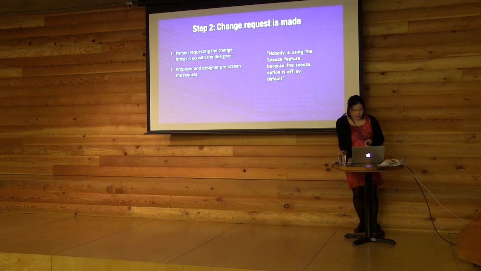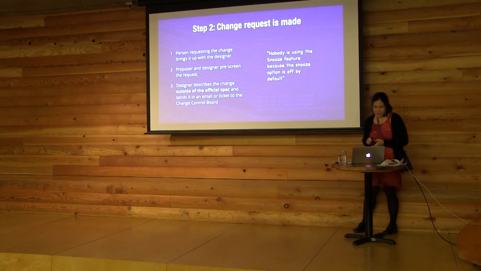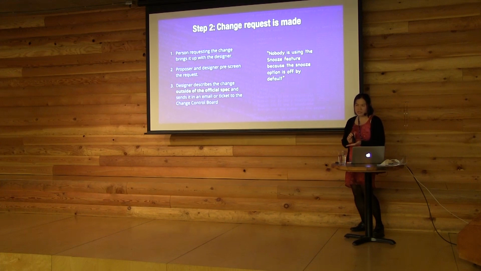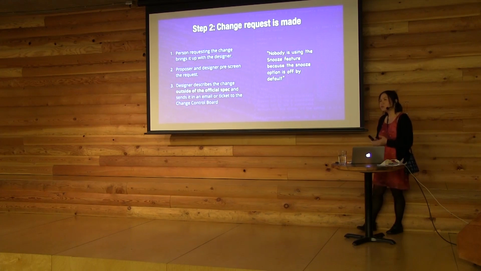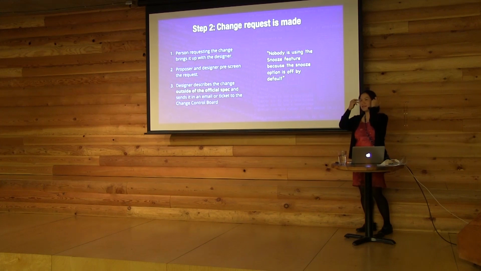Next thing is, as a designer, I would describe the proposed change in some way outside of the official UI specification. Once a UI spec is signed off, I put it in a designated place that everybody can see, and that's the official spec. And no matter how much sense it makes to change that, I'm not going to change it until this process happens.